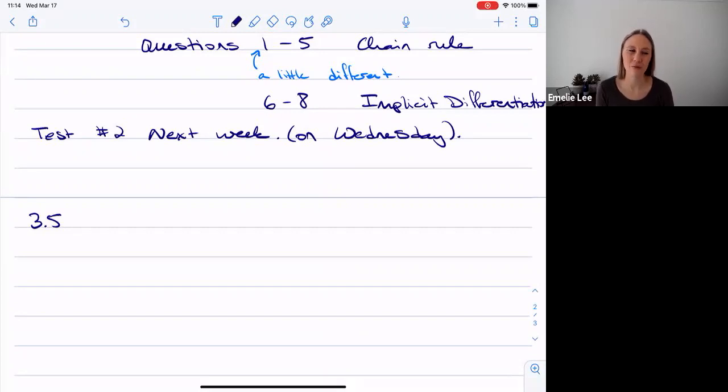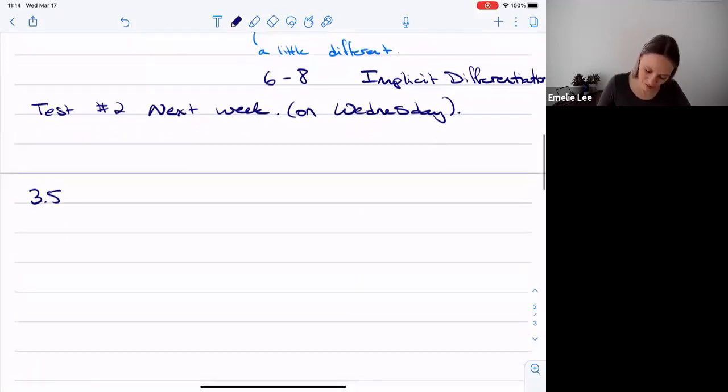We'll see if we have time. I'm trying to do definitely 3.6, and then 3.9, I would argue, is the hardest section of the course, so I'm putting that off until after the test. We'll pick up 3.9 and finish chapter 3 after the test.